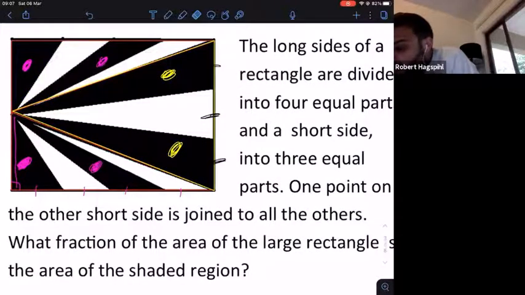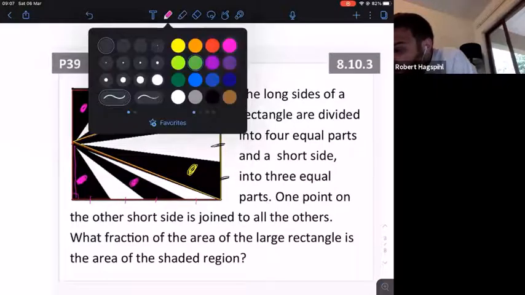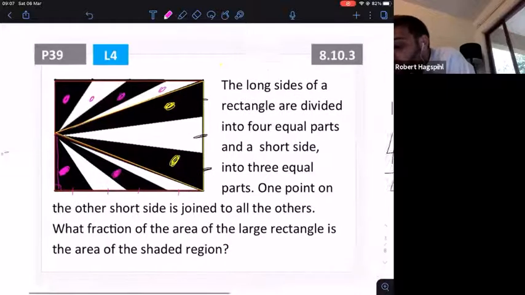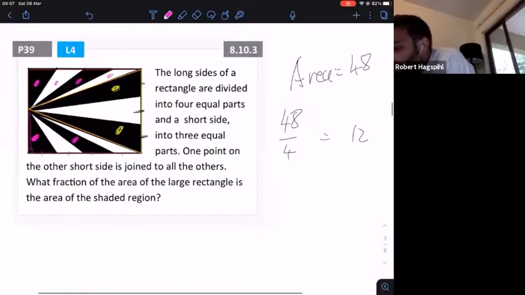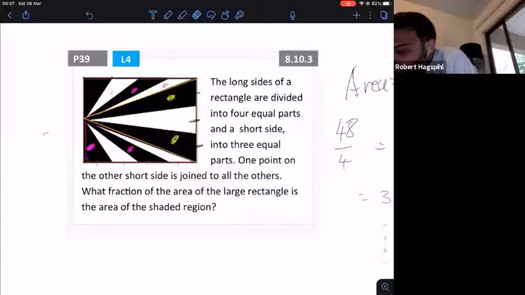All right. And are you with me that, again, what did we decide? We decided that all four of these triangles have got the same area. Okay. And thus I'm just going to divide this by 4 and I'm going to get 3. And so this has got an area of 3 and this has got an area of 3.